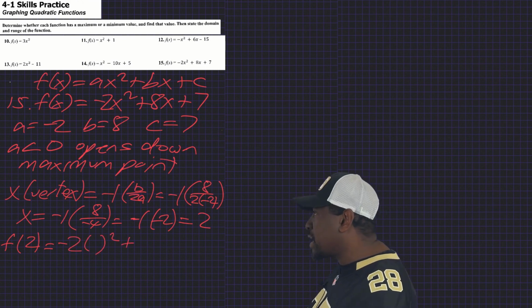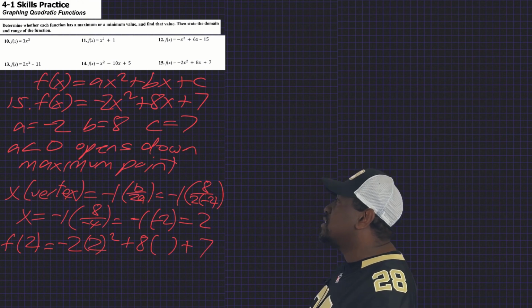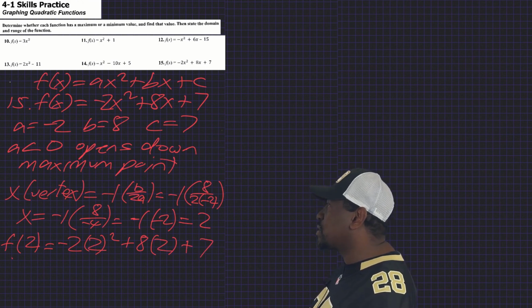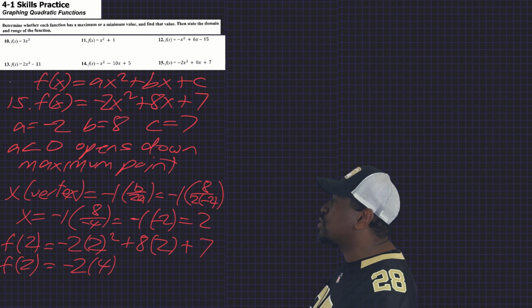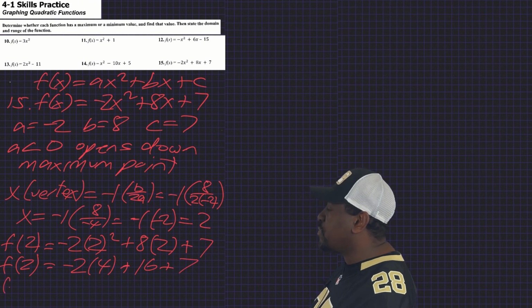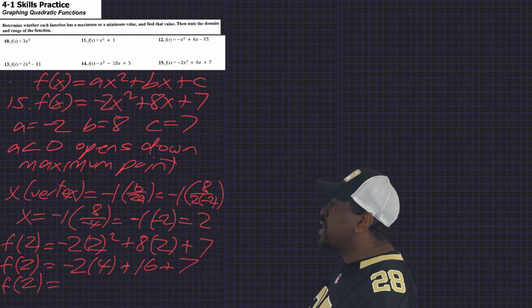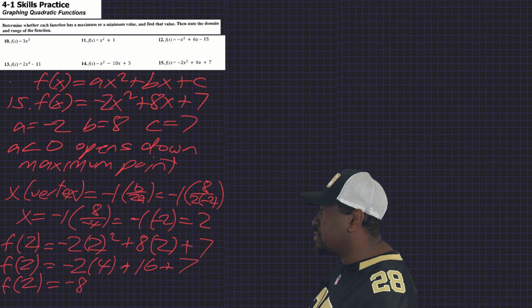In order to find the maximum value, we substitute 2 into our function, negative 2x squared plus 8x plus 7. Where the x's are, we substitute 2. We use order of operations. 2 squared is equal to 4, so we'll have negative 2 times 4. 8 times 2 is 16. Bring down the 7. Negative 2 times 4 is negative 8.